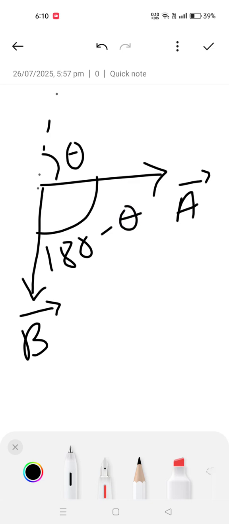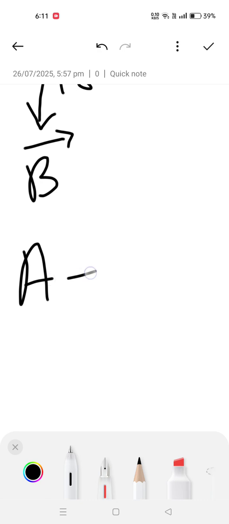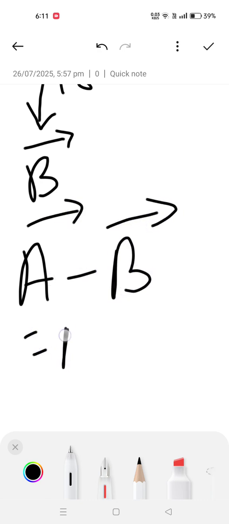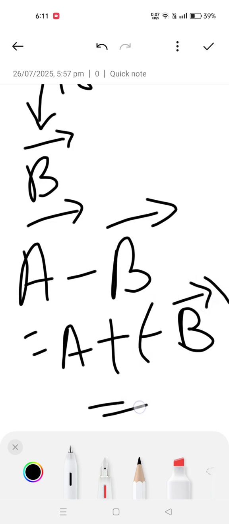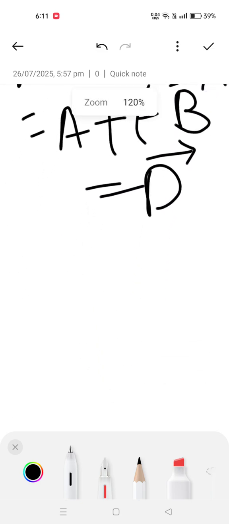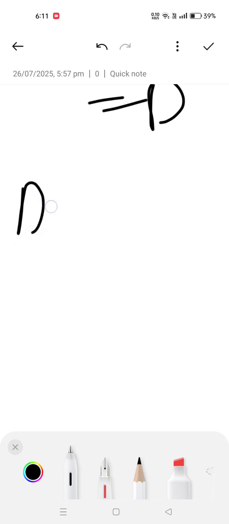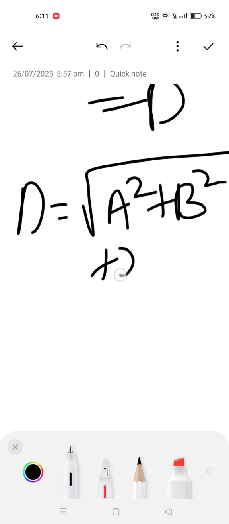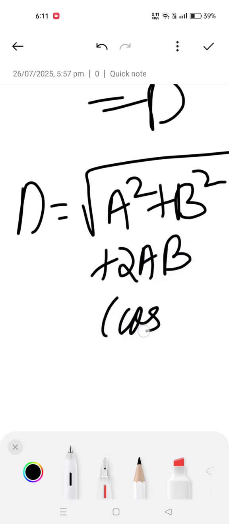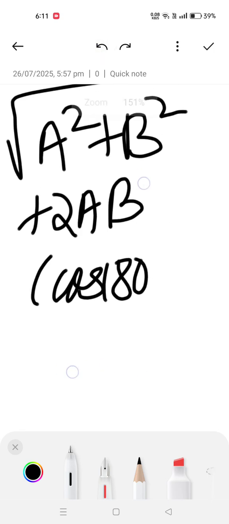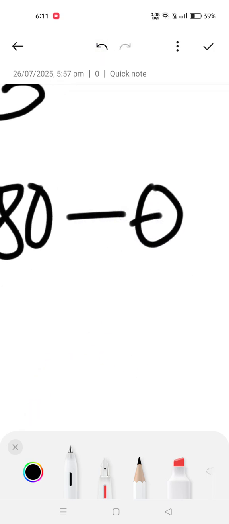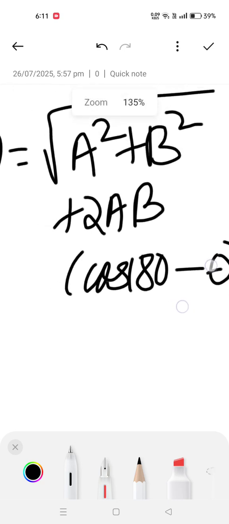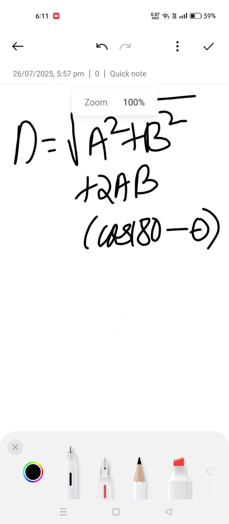So we can write a minus b vector is equal to a vector plus minus b vector, which we can write as d vector. The magnitude of d vector can be written as root of a square plus b square plus 2ab cos of 180 degrees minus theta.